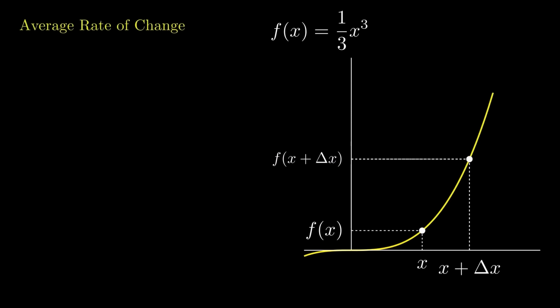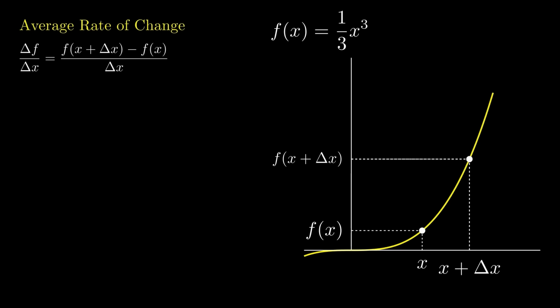To find the average rate of change of the function over the interval from x to x plus delta x, we'll take the ratio between the change in the value of f and the change in x. Delta f over delta x equals f of x plus delta x minus f of x, over delta x.